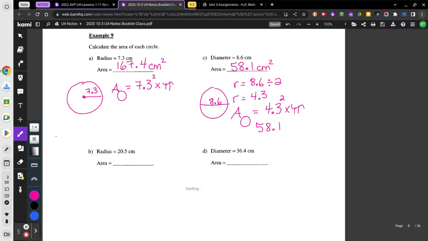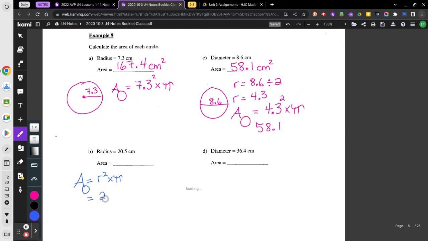Okay, last two on example 9. Again, they ask us to find area, they give us radius, and the second one gives us diameter. So this time I'm not going to draw the diagram, I'm just going to do the work. So again, area is, for a circle, radius squared times pi. I write it that way because that's how you have to type it in the calculator.